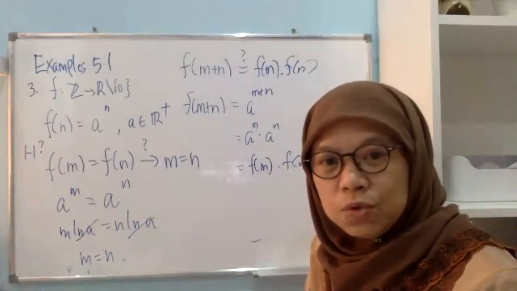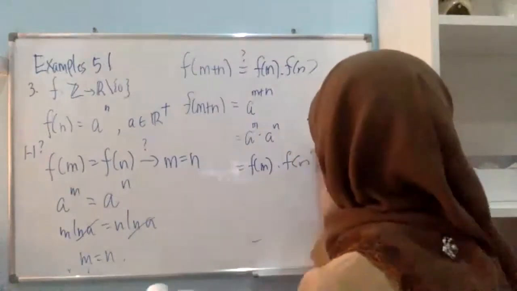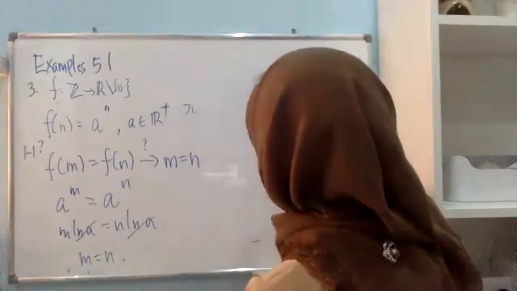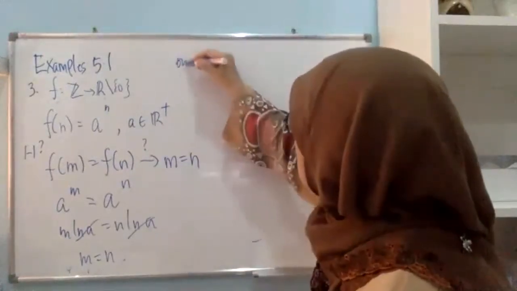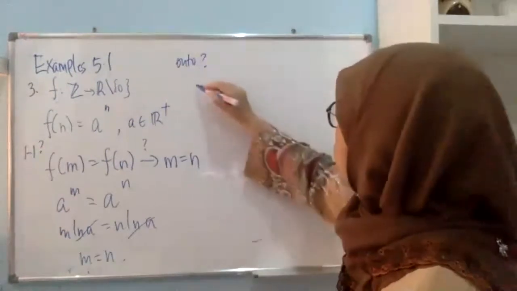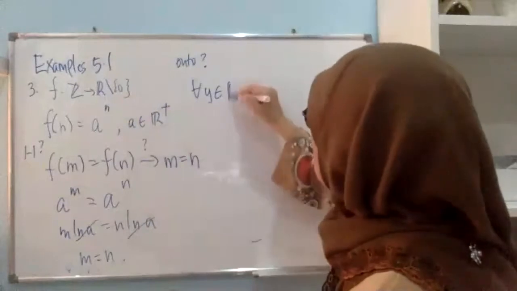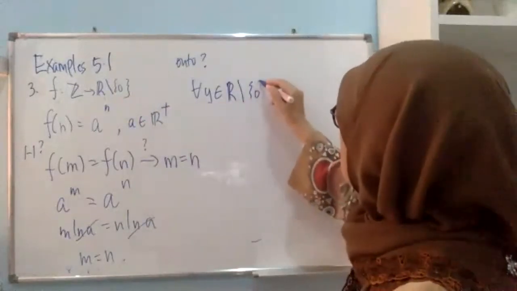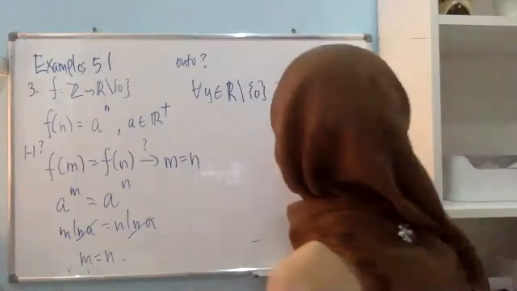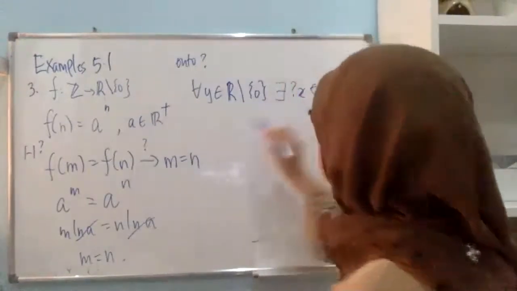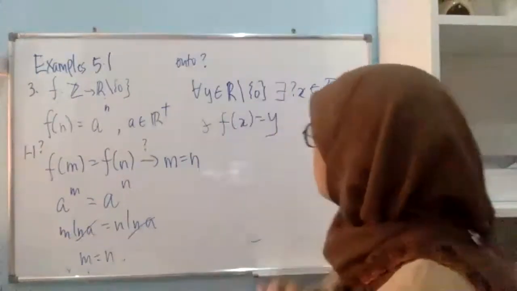What about onto? Is it onto? For all y in the real numbers minus 0, do we have x in Z such that f(x) is y?